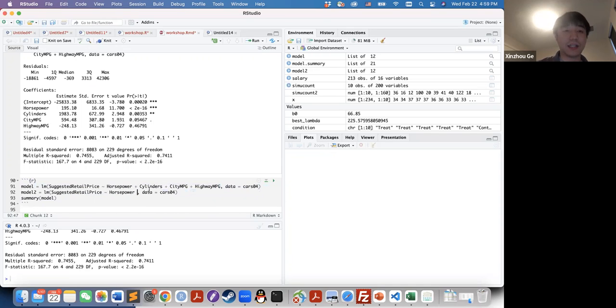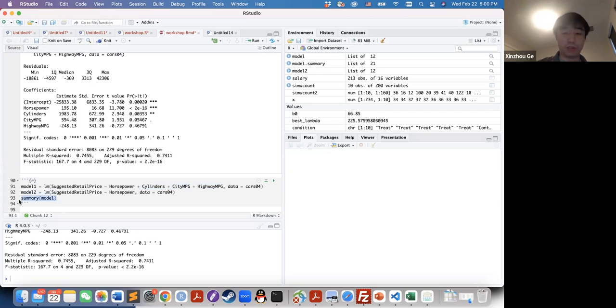So in this case, compared to Model 2, Model 1 has 3 extra predictors: cylinders, city MPG, and highway MPG. We want to compare these two models to see whether these 3 extra predictors do have improvement compared to the simple model.